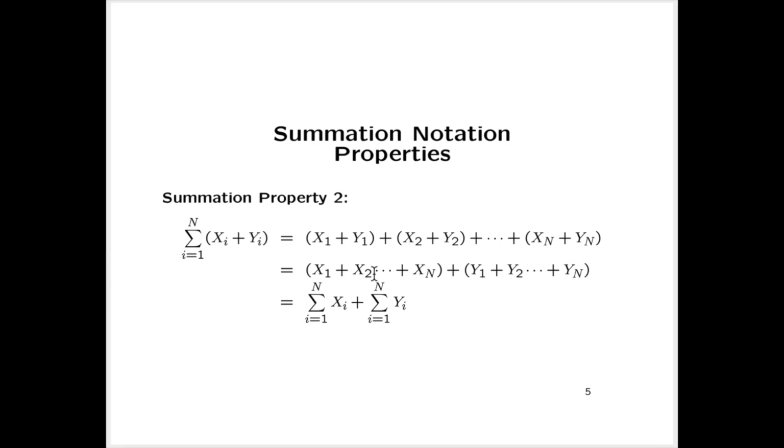Well, we know by the commutative property of addition and the associative property of addition, utilizing two steps and going from here to this next statement, that we can regroup terms in the sum so that they look this way. And so here we have the first summation in parentheses, x1 plus x2 plus out to x sub n, plus y1 plus y2 plus out to y sub n.